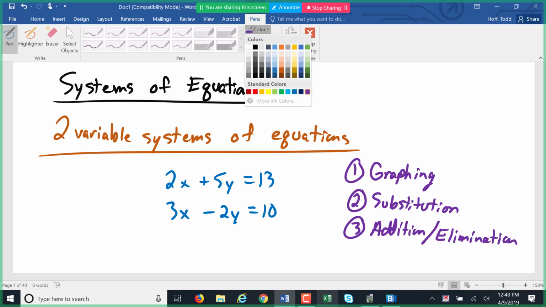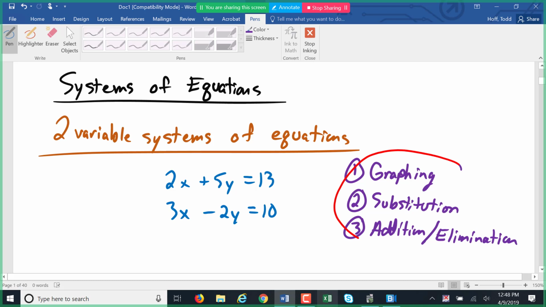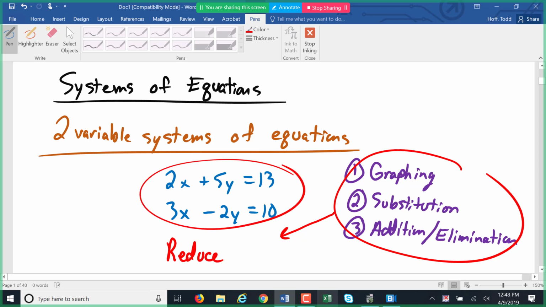And in all of them, the goal, at least in the algebraic methods, the substitution and the addition method, was to reduce this system of 2 variables and 2 equations, to reduce it to 1 equation with 1 variable.